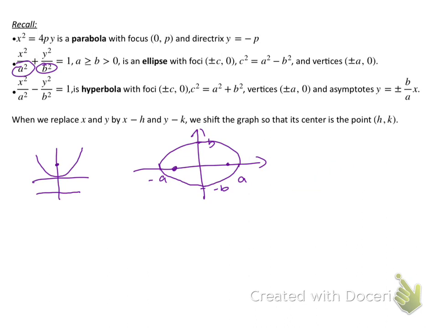Now the third one, the hyperbola, we don't care about which denominator is higher. We care about which term is positive. The positive squared term is where the vertex is. So here it happens on the x-axis because the x squared term is positive, and the vertices are where x equals a and negative a.